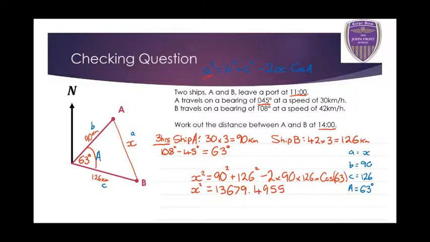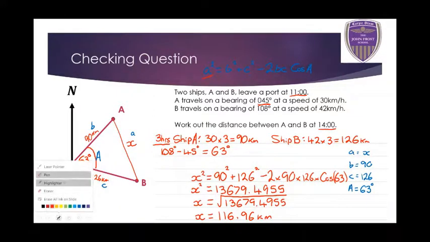And the final step now, the opposite of x squared, I need to take the square root of the other side, so x equals the square root of 13,679.4955, and that gave me the final answer, x equals 116.96 kilometers, and that is your final answer to this question.